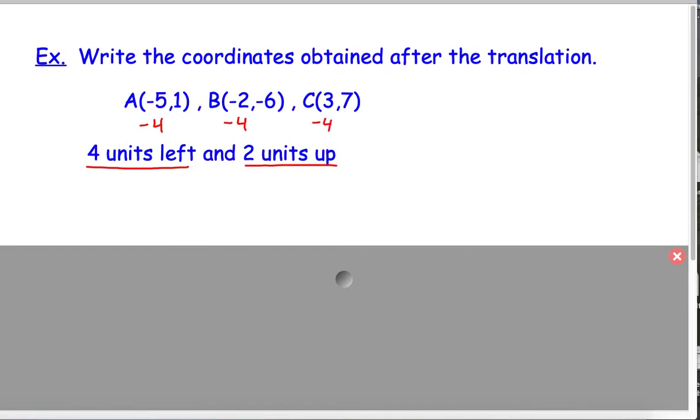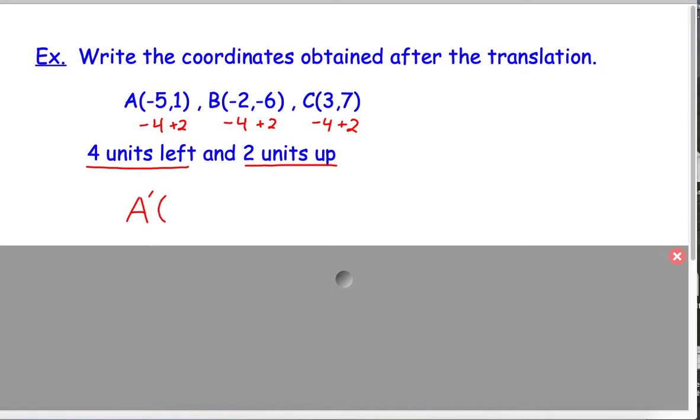All right, then we want to do 2 units up. That's the Y direction. And up would be adding 2. We're going up by 2. So under all my Y coordinates, I'm going to add 2. And so I think if you follow that pattern, it's easy to figure out what the answer is going to be. Now, we don't write A, we write A prime, because that's the new image.